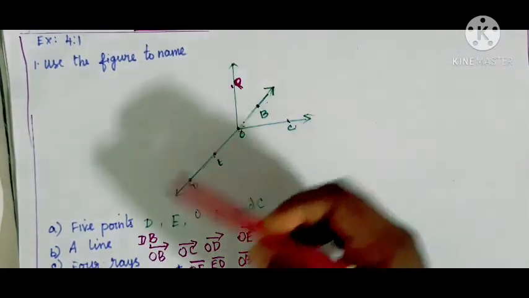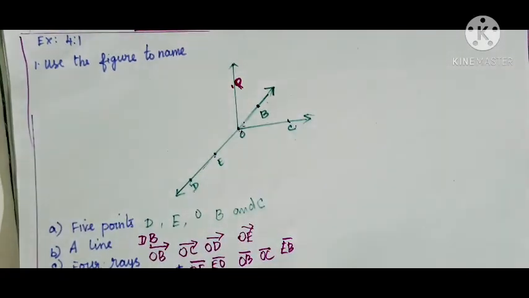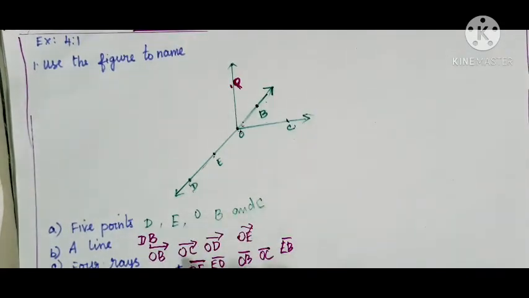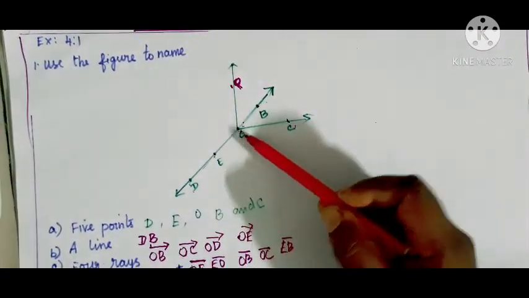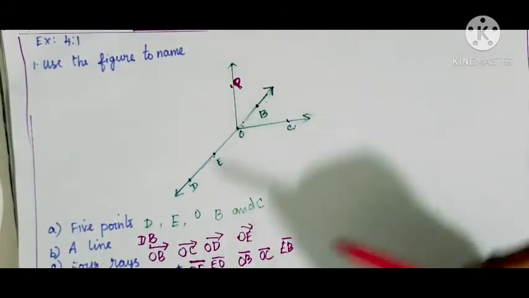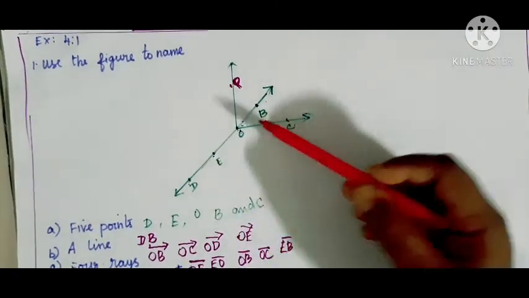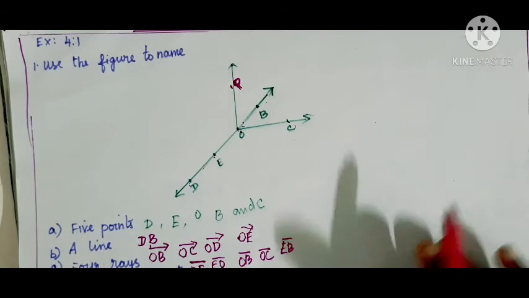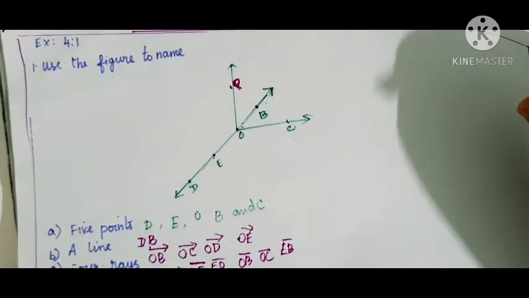For 5 line segments, each should be represented by one bar: DE, EO, OB, OC and EB are all line segments. So this is the answer. You can write it in the book itself.